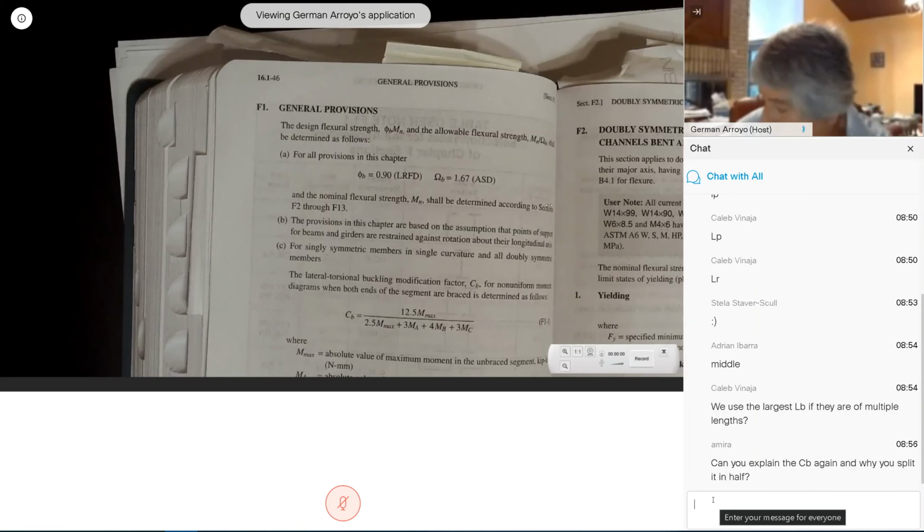We had a maximum moment, MA, the moment at a quarter point of the unbraced segment. If you could please underline that, it is the moment at a quarter point of the unbraced segment. So 1/4. MB, again always positive, the moment at the center line of the unbraced segment, L sub B divided by 2. And MC is always positive, the 3/4 point of the unbraced segment. And this is the formula.